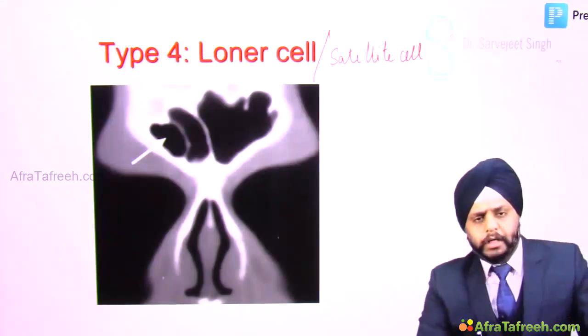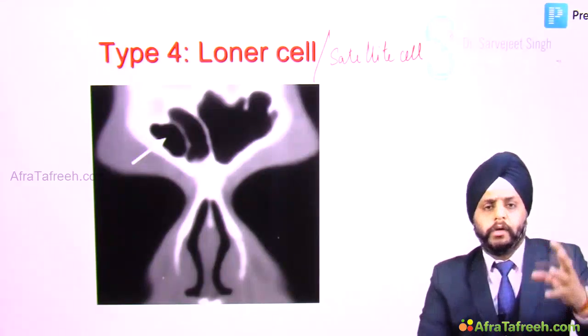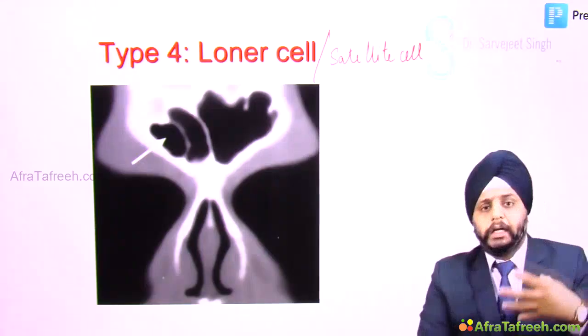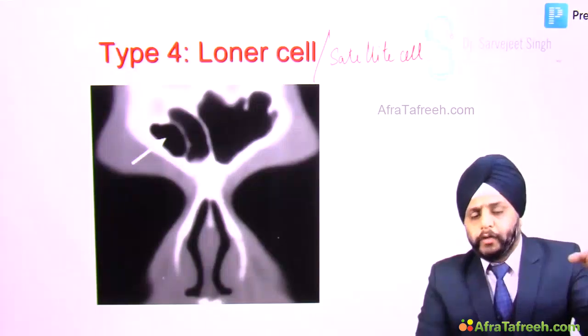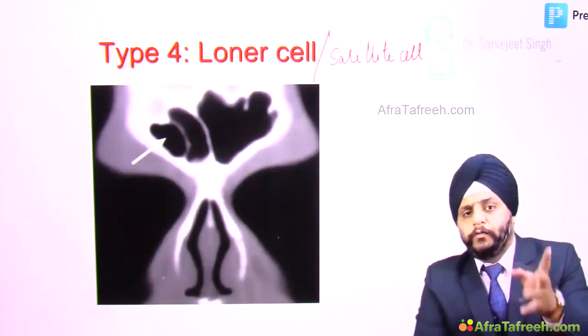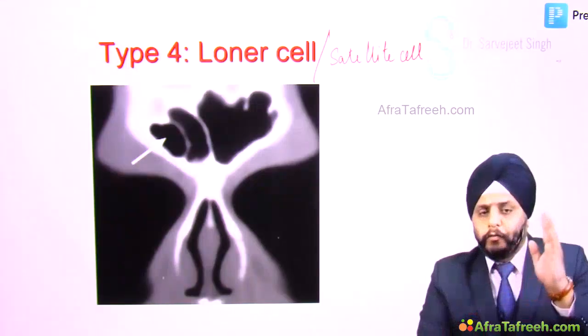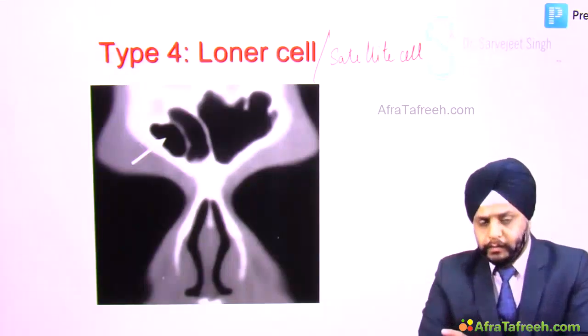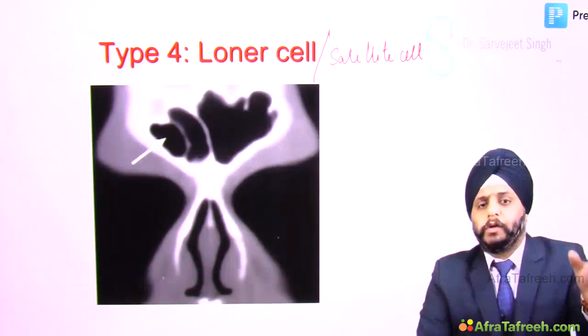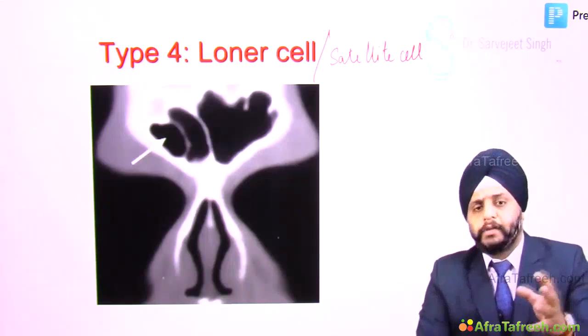So this was the Kuhn's classification to classify anterior ethmoidal cells which are in relation to the frontal sinus and are known as frontal cells. Frontal cells are a part of the anterior ethmoidal system. They are in close proximity to the frontal sinus or its recess.